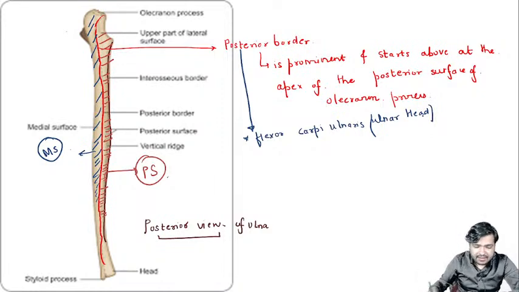Remember the second one, it is the extensor carpi ulnaris.